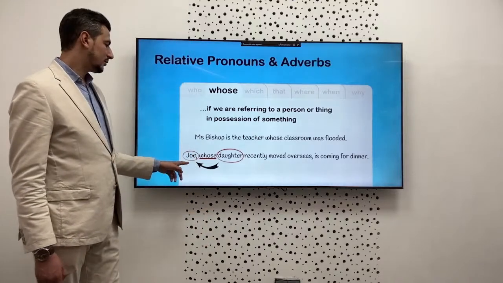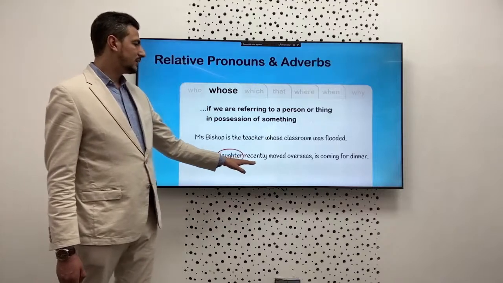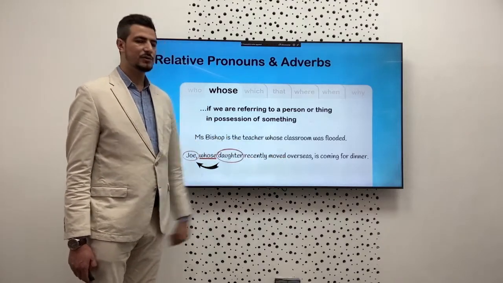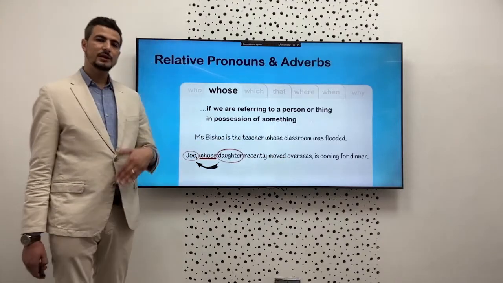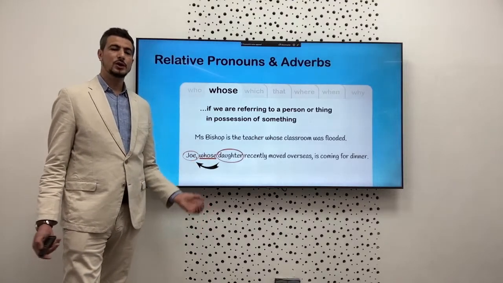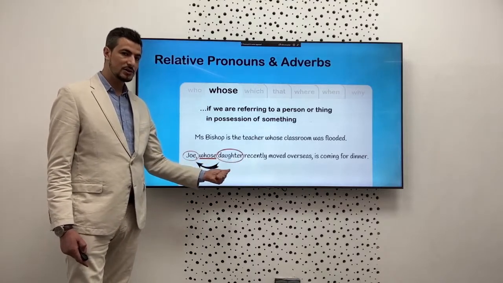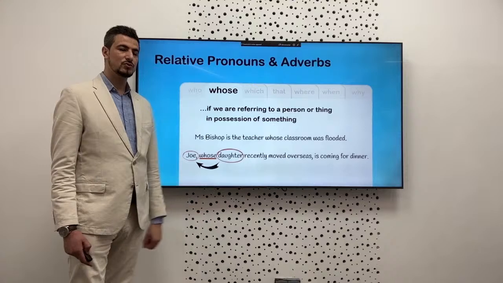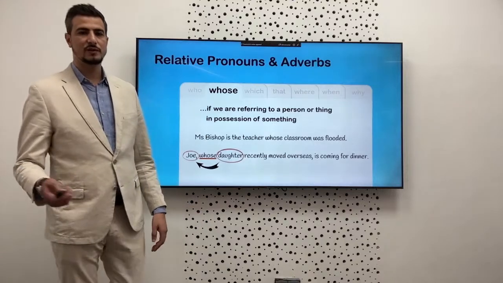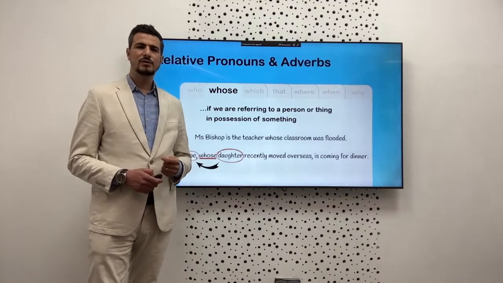In the second example, Joe, whose daughter recently moved overseas, is coming for dinner. So we are making reference to Joe. If someone asks you, who's Joe? Joe, whose daughter, who has a daughter that recently moved somewhere. Another example which is famous, the girl whose eyes are green.